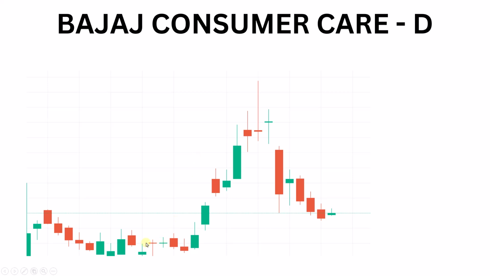Now if you look here you have a doji, and here you have a doji, but this doji is appearing in the middle of a sideways trend. It is neither appearing at the bottom of a downtrend nor at the top of an uptrend. So these two are insignificant dojis, and we should ignore these two.